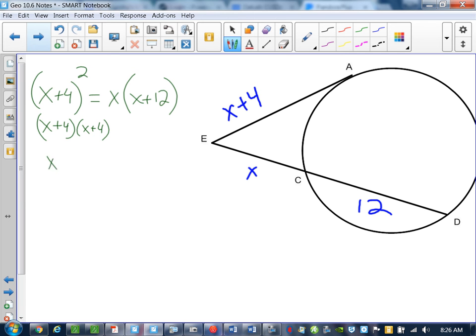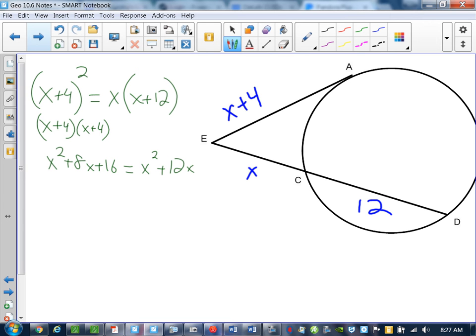You get x squared plus 8x plus 16, which equals x squared plus 12x. Factoring and foiling does not go away. Make sure you remember junk squared is junk times junk. First, outside, inside, last. What I did there is I shortcut it because I remembered the pattern.